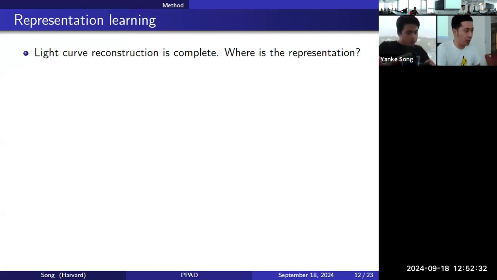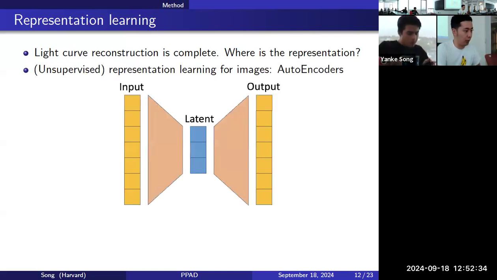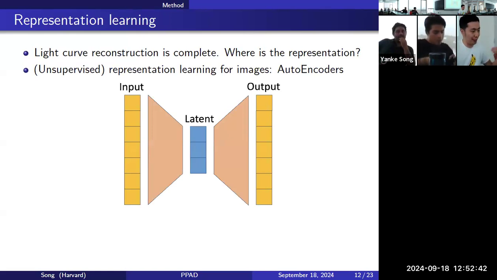Before I go into how I do this, let's take a step back and see how people in the machine learning literature usually do this. Probably the first representation learning method that comes to your mind is autoencoders, right? Just a very quick recap on what an autoencoder does. Let's say for images, you input an image into the autoencoder, which gives you a low-dimensional latent, and then you input that latent into the decoder and try to reconstruct the original image.